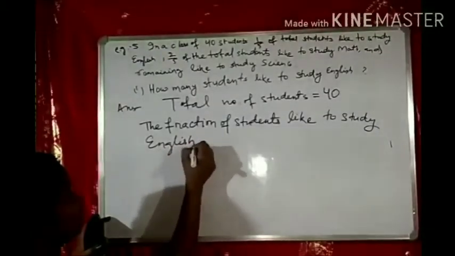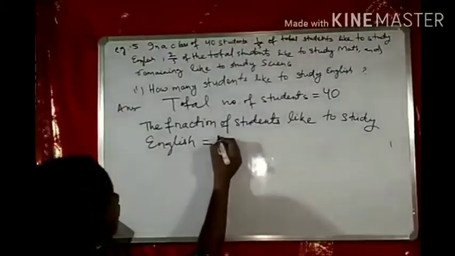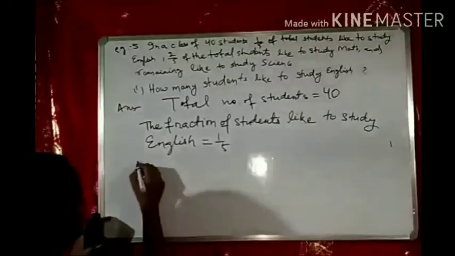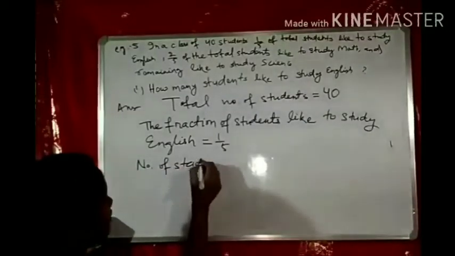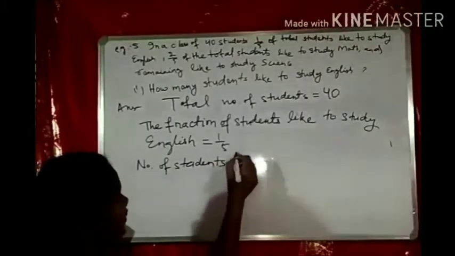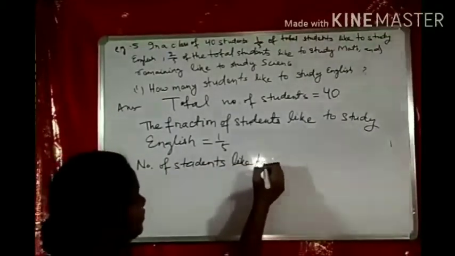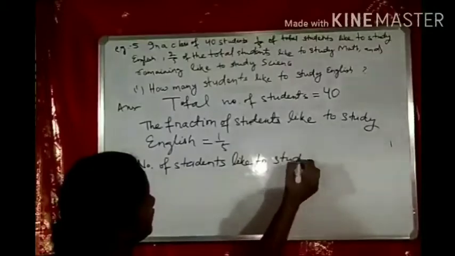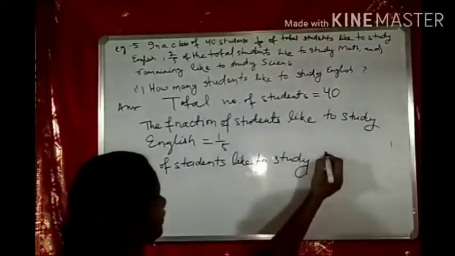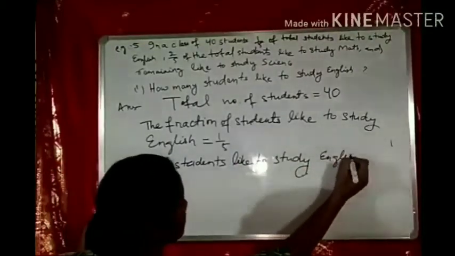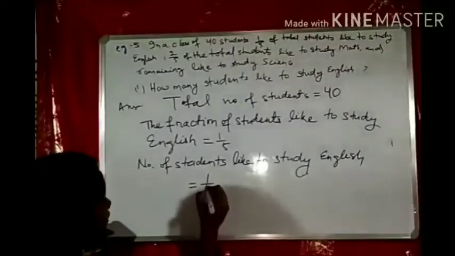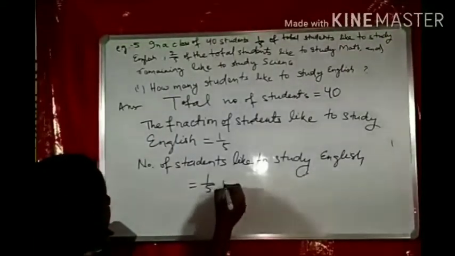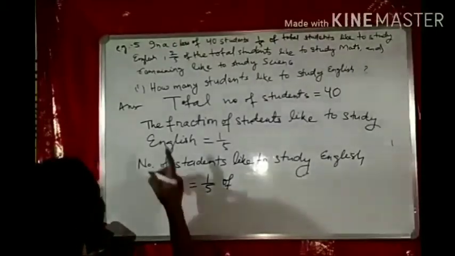The fraction of students who like to study English equals how much? 1 by 5. So the number of students who like to study English equals 1 by 5 of how many?